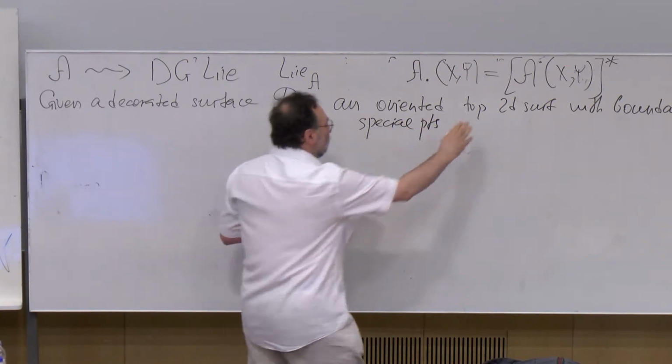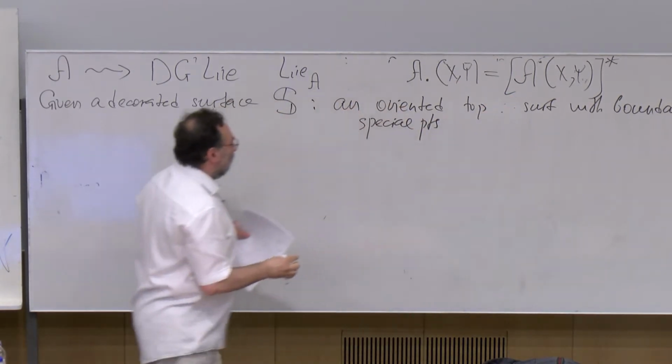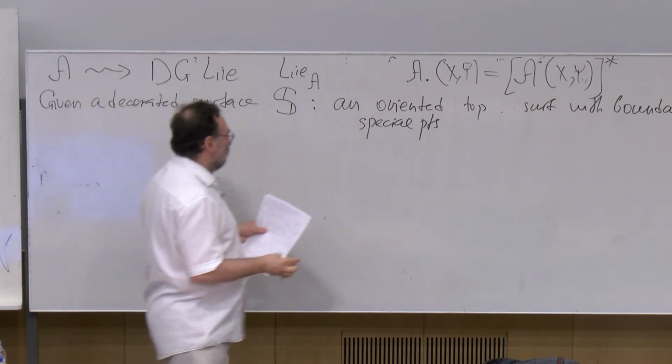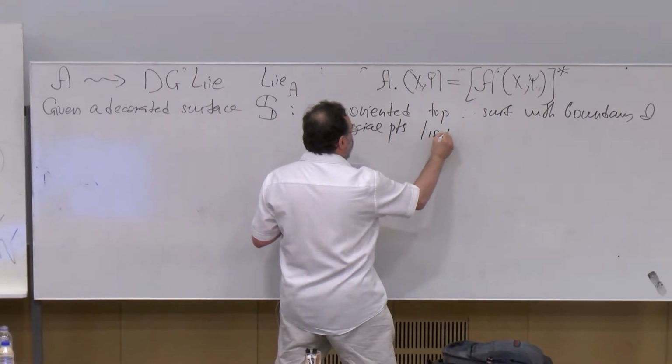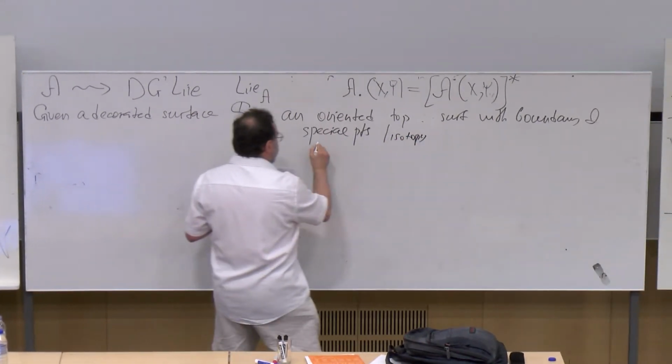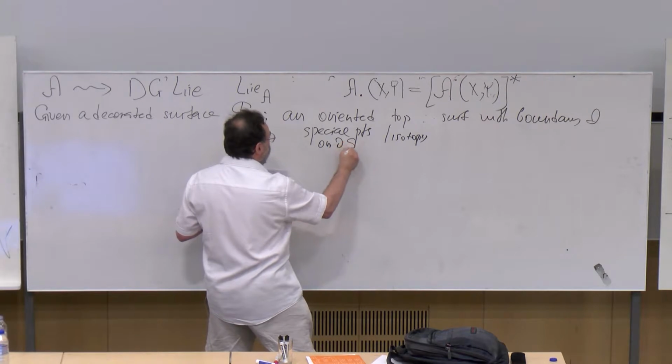I mean surface, just emphasizing it's not an algebraic surface, it's a surface. Special points modulo isotopy, special points on the boundary of the surface.